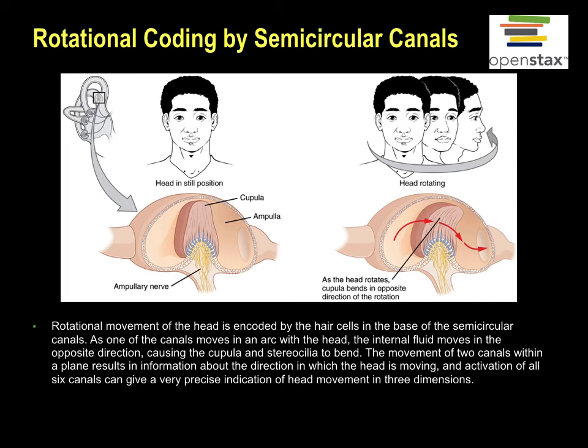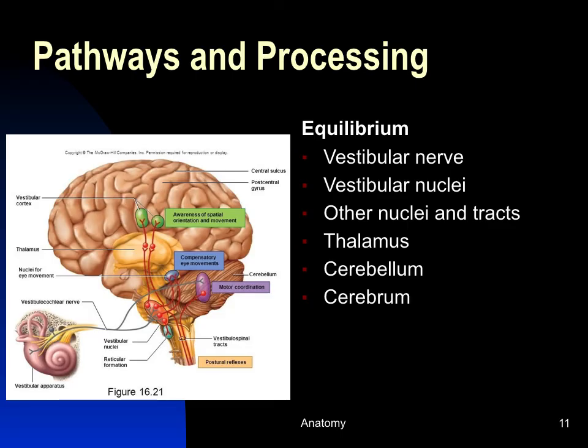So we have three semicircular canals because there are three possible axes of rotation. You can rotate on a horizontal axis like shown here, but you can also rotate on a vertical axis or on a lateral axis. So equilibrium turns out to be very complex.